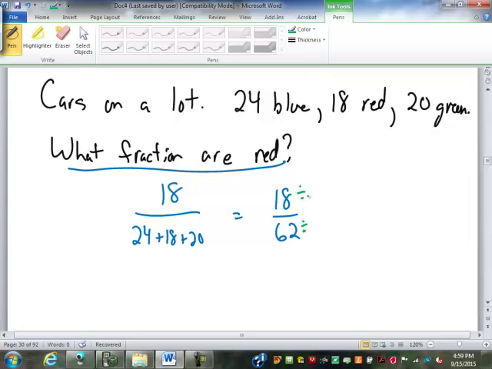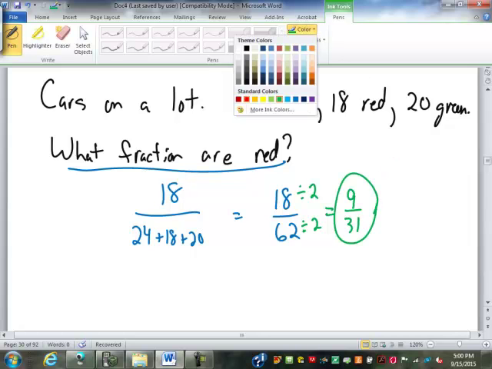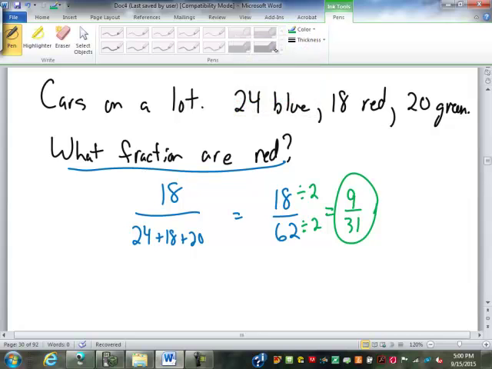What can both of those be divided by? Well, they're even, so they can be divided by 2. 18 divided by 2 is 9. 62 divided by 2? 31. So 9/31 is the fraction that is red.